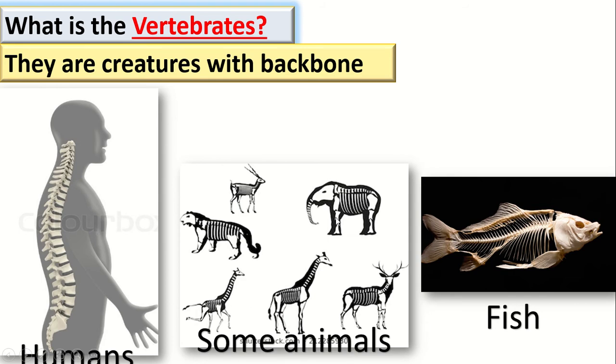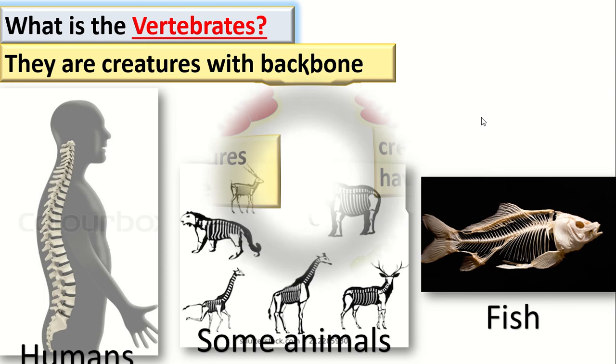Some animals also have a backbone. These animals are called vertebrates. The fish also has a backbone, so it's also a vertebrate. So vertebrates are creatures with a backbone, like humans, animals and fishes.